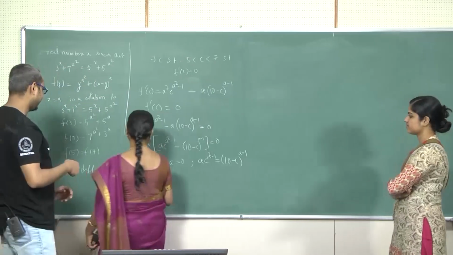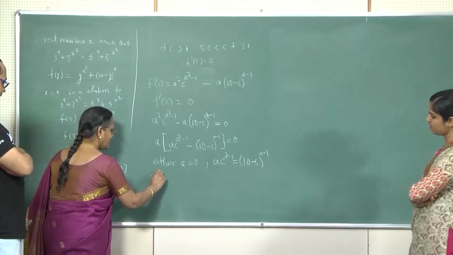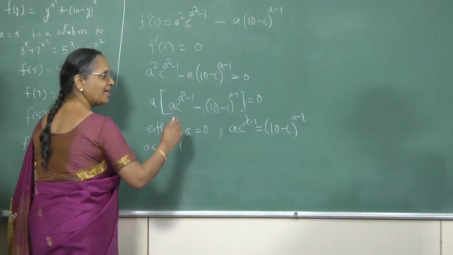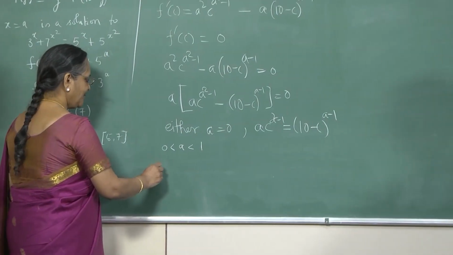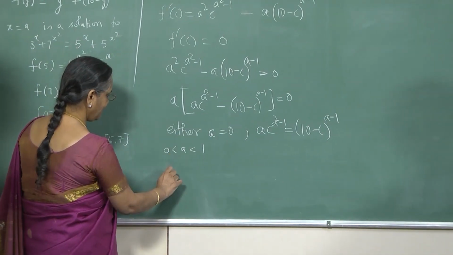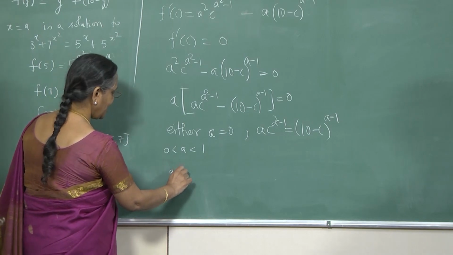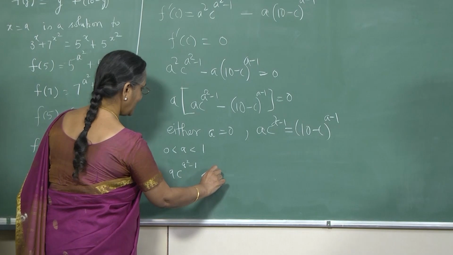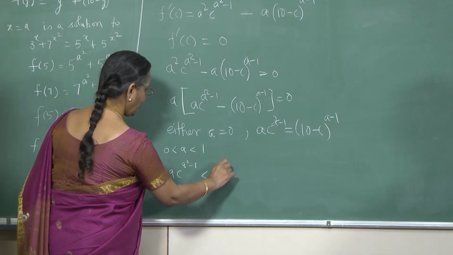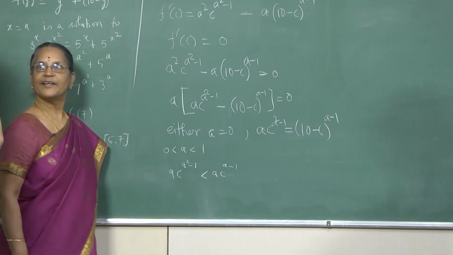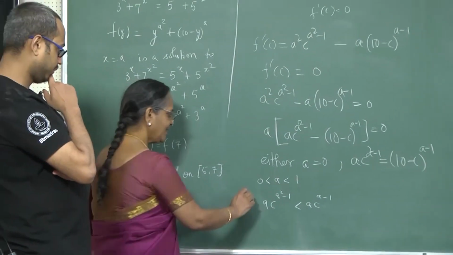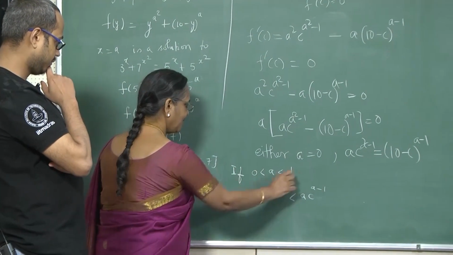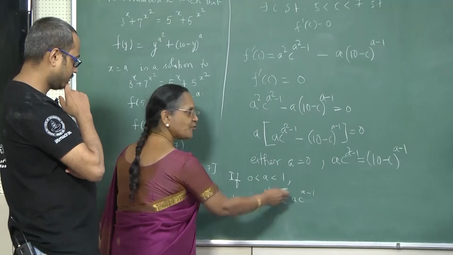So suppose 0 is less than a is less than 1. Then it is clear that a c to the power of a squared minus 1 is less than a c to the power of a minus 1. So if this happens, then this is true.